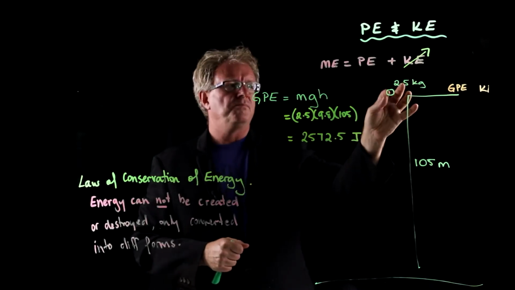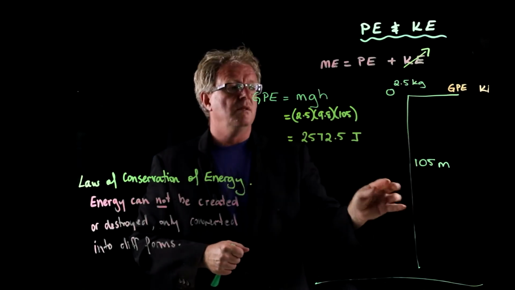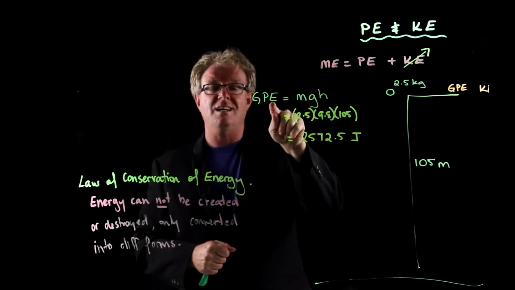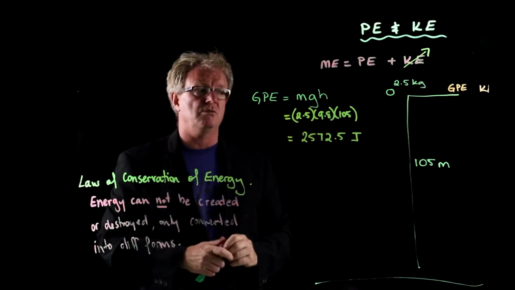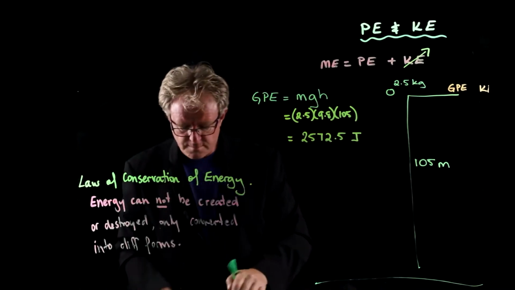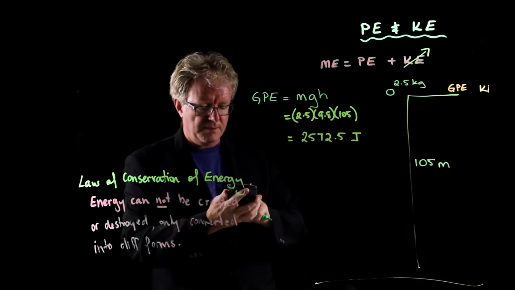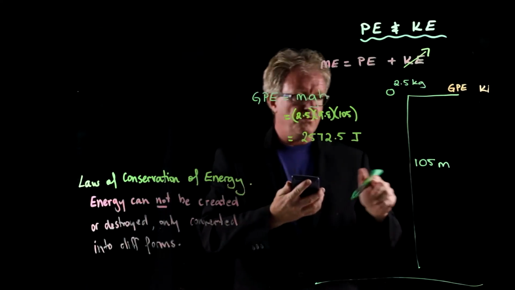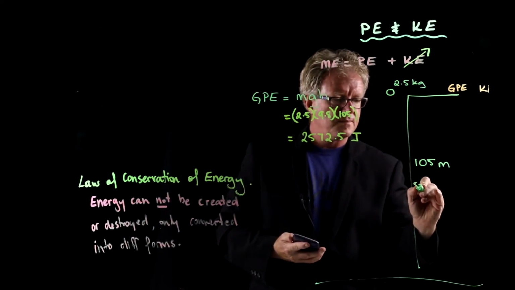Well, if we drop it, it starts losing height. And if we start losing height, it starts decreasing its gravitational potential energy. So let's just go down halfway and see what we get. So if we go down to halfway, we go down to 52.5 meters.